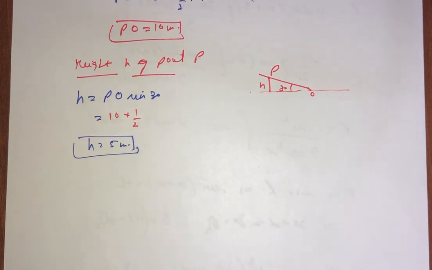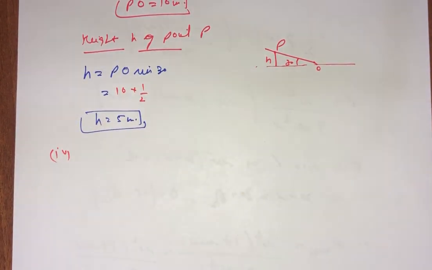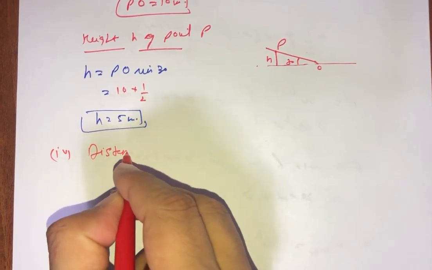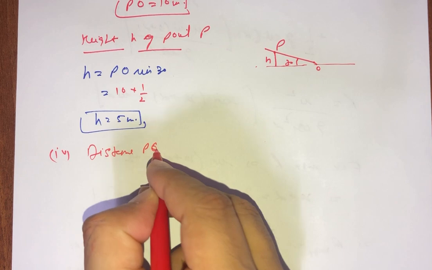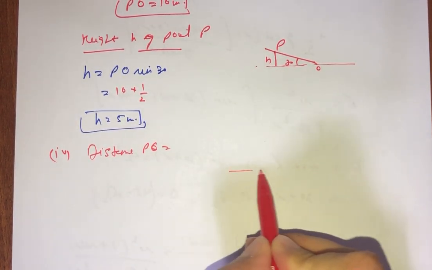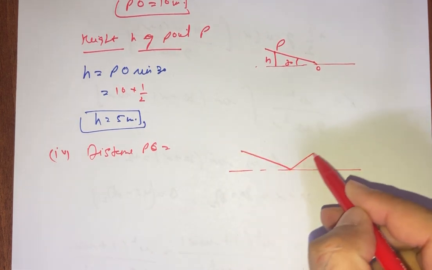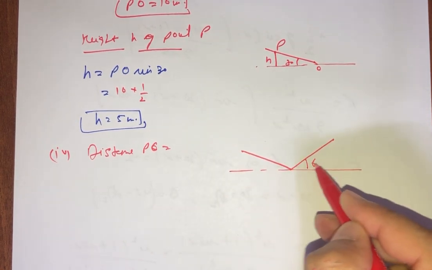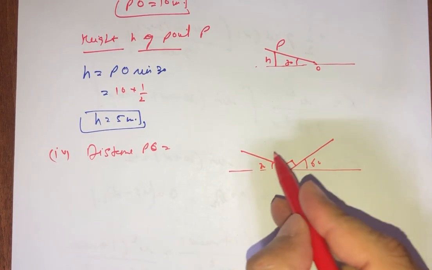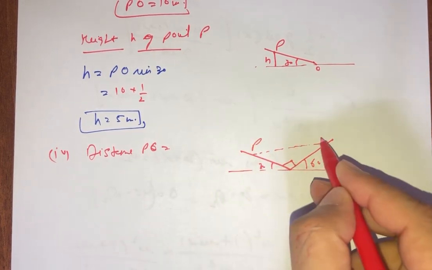And in the last part we are supposed to find out distance PQ. Okay, so if we draw the figure again here, this is 60 degree and this is 30, so obviously this will be 90 degree, and this is our PQ.